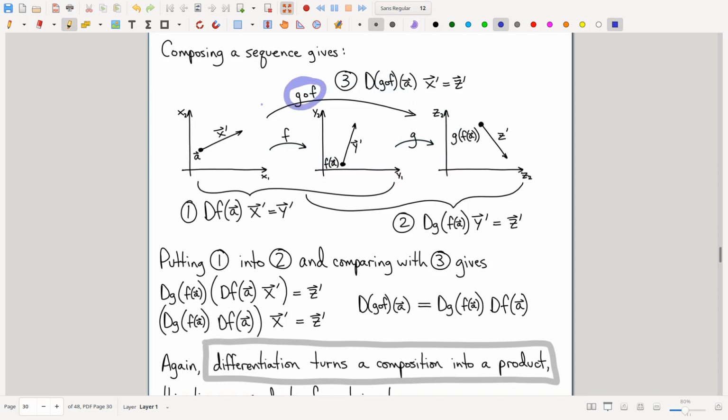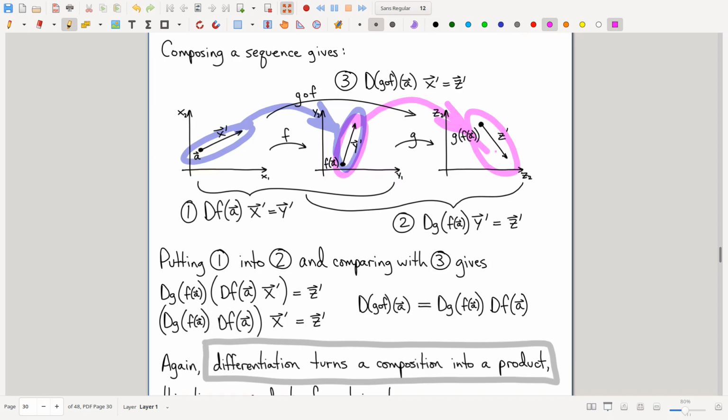And what we argued is because for each one of these, for example, what turns x prime into y prime is, well, multiplication by a factor. The factor is the matrix called df. And then, what turns y prime into z prime? Well, multiplication by another factor.